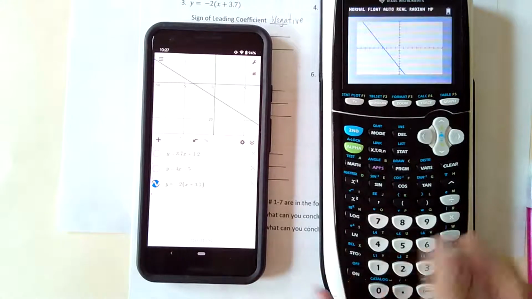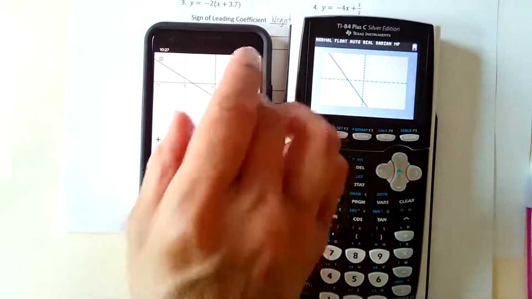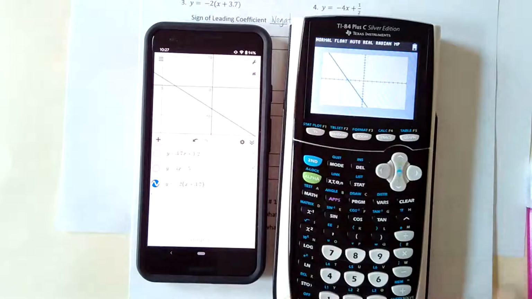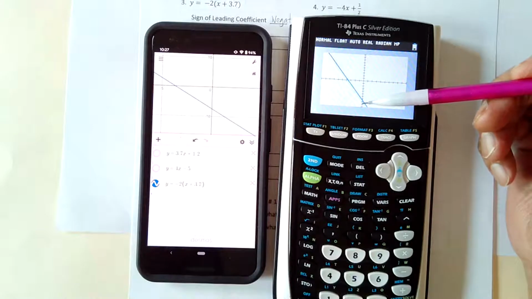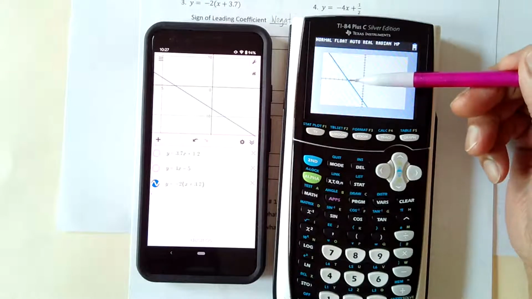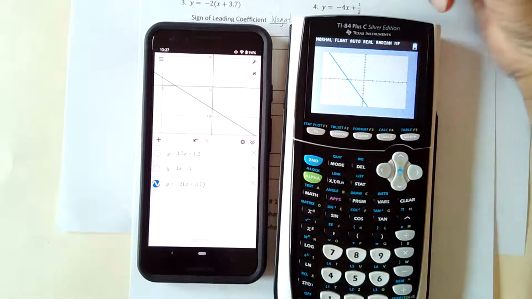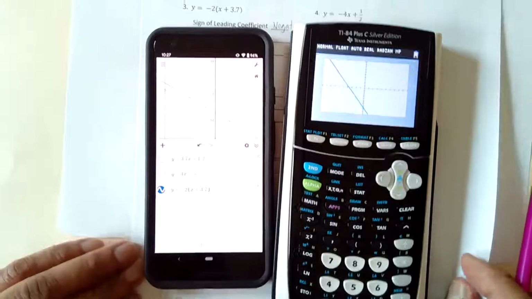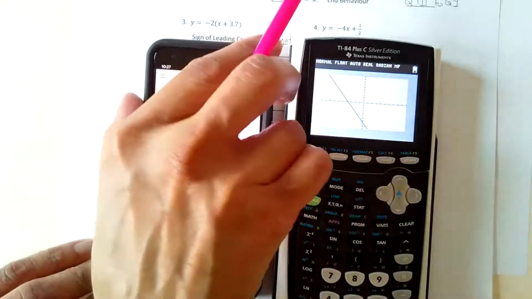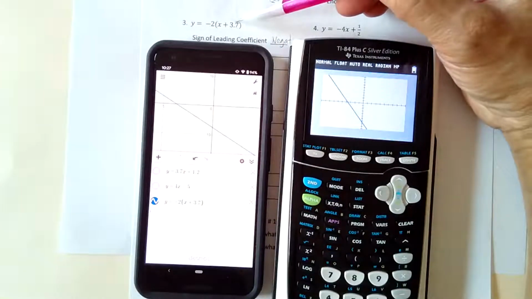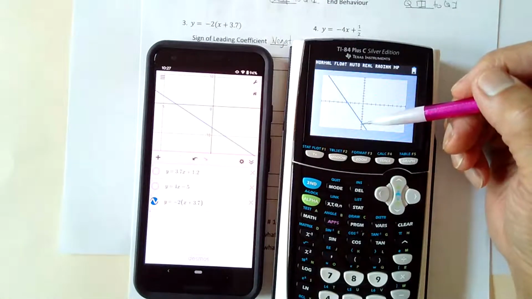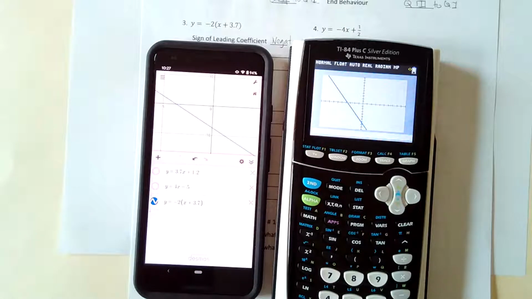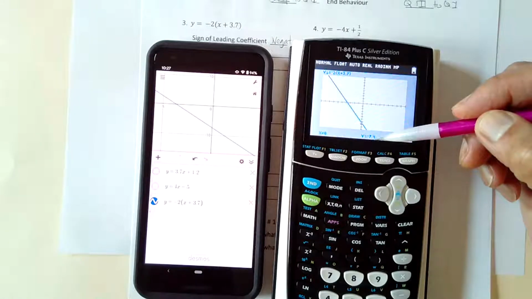So now it's very similar to what we have. Notice that's your y-intercept here, and you cannot read out the y-intercept as 3.7, because it is not written in the standard form y equals mx plus b. If we look at this here, the y-intercept, remember, y equals trace and x equals 0, is negative 7.4.